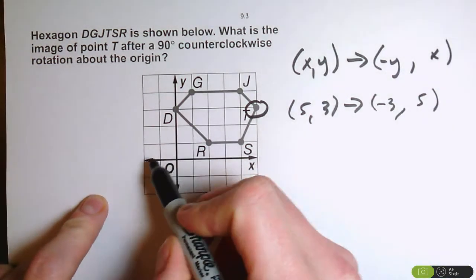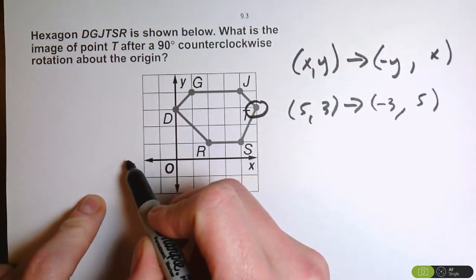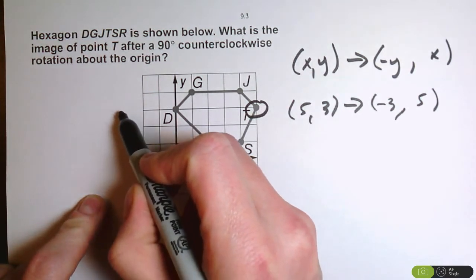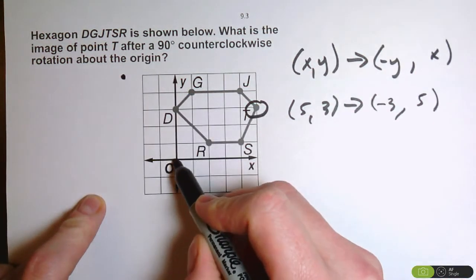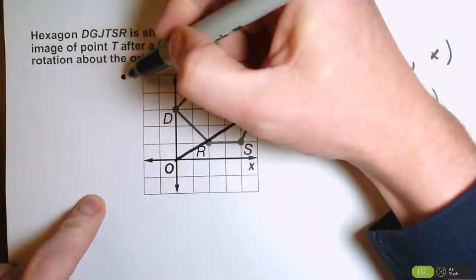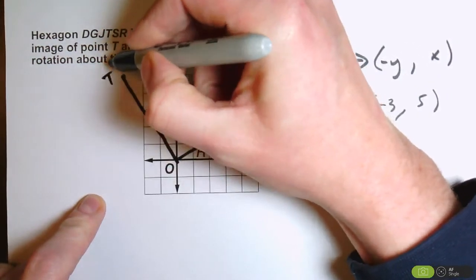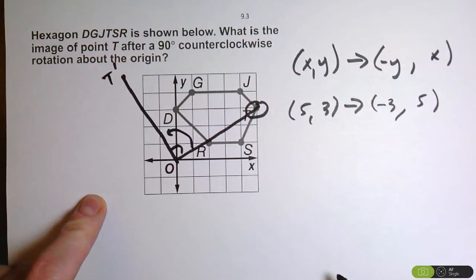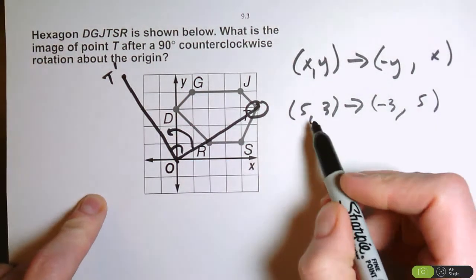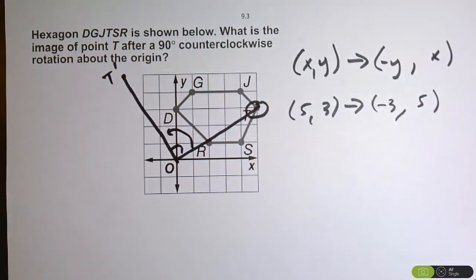It doesn't fit on my screen here, but it'd be somewhere about here. And if I connected point T to the origin and point T' out here, you can see it forms a right angle, and I've gone 90 degrees counterclockwise. So 5, 3 becomes -3, 5.